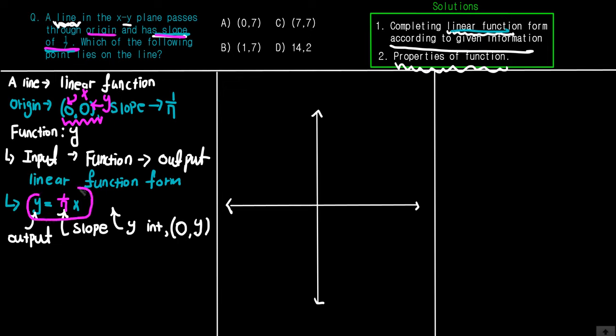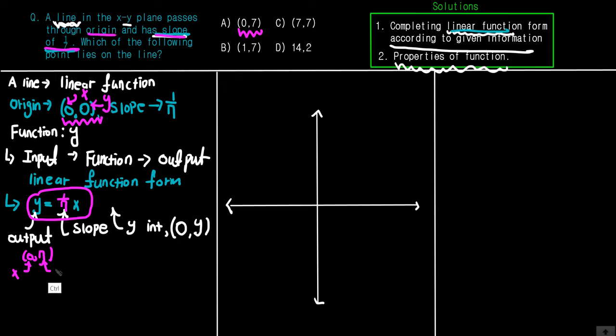So we can think about a number of possibilities for these answers right over here. At first, let's think about (0, 7). Which means the x value is going to be 0 and the y value is going to be 7.